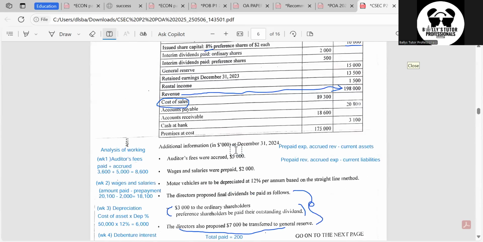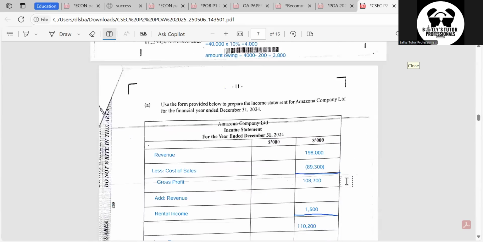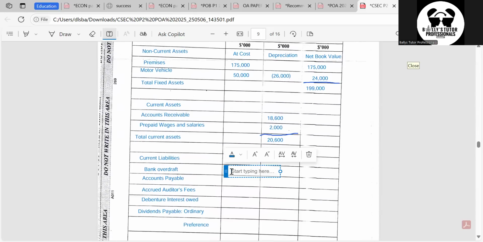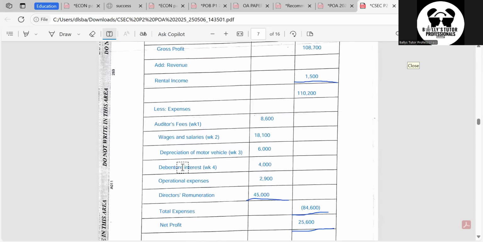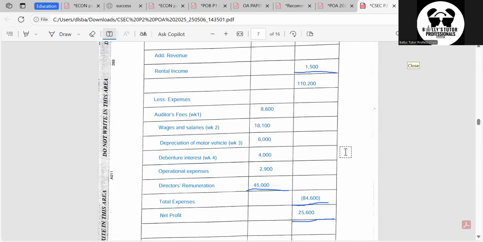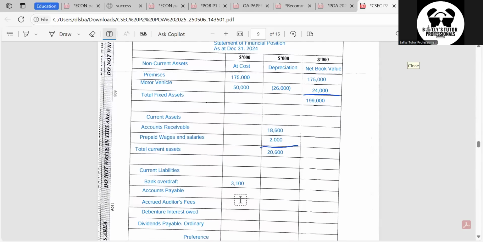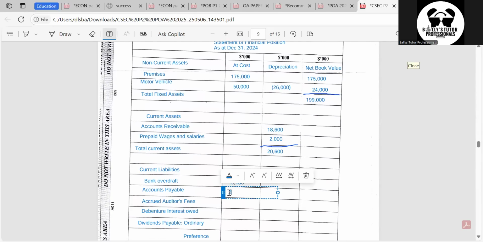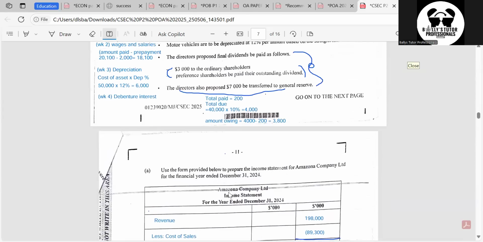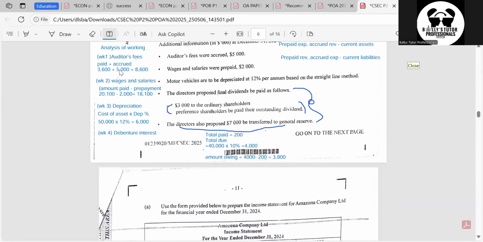Bank overdraft was, all the way in question 2, 3,100. Accounts payable was 20,800. Then we have the accrued auditor's fee, which I believe was 5,000 owing.